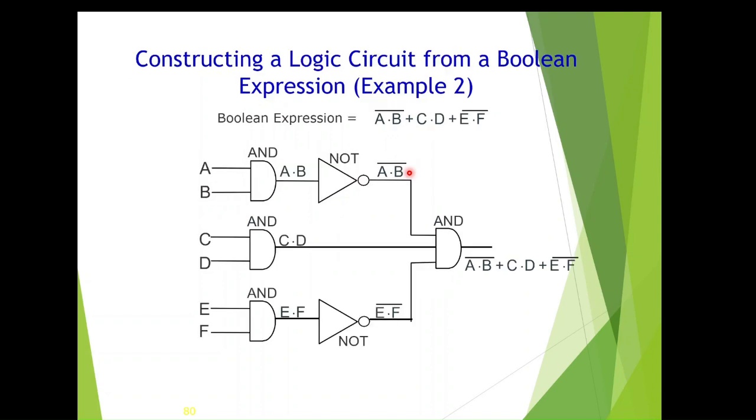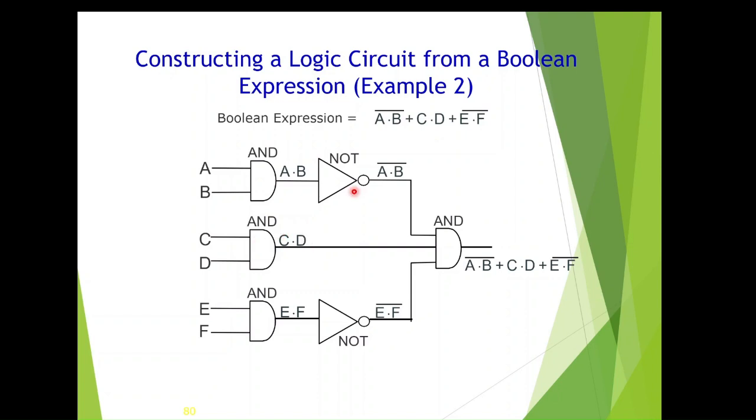Let us take another example. A dot B the whole bar plus C dot D plus E dot F the whole bar. A dot B means we need an AND gate, then one NOT gate, so that you will be getting A dot B the whole bar. Similarly, C dot D needs another AND gate because it is multiplication.